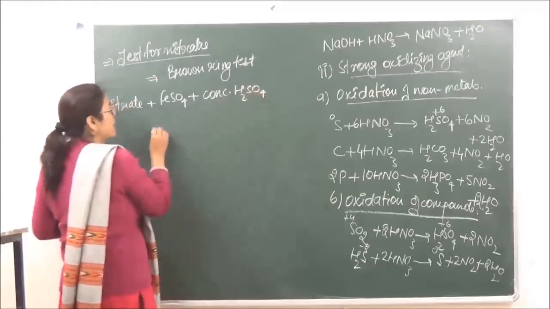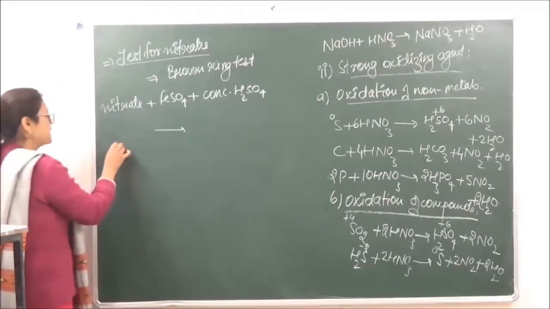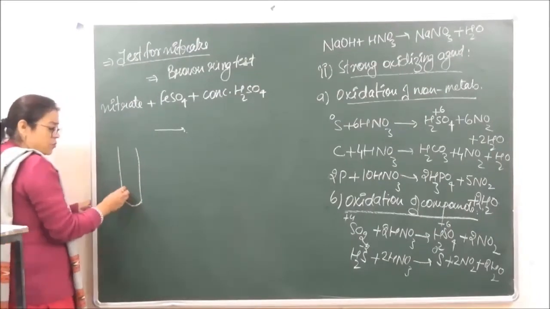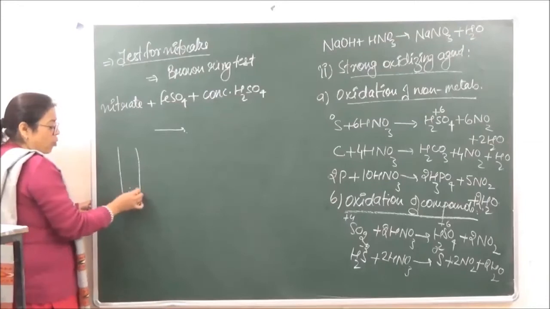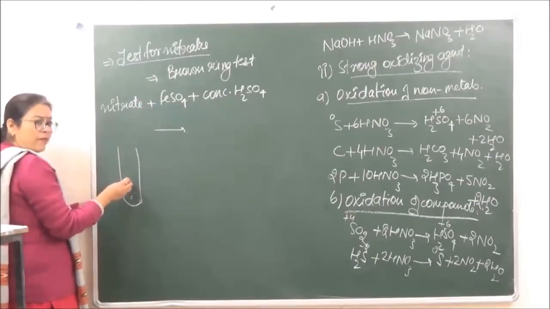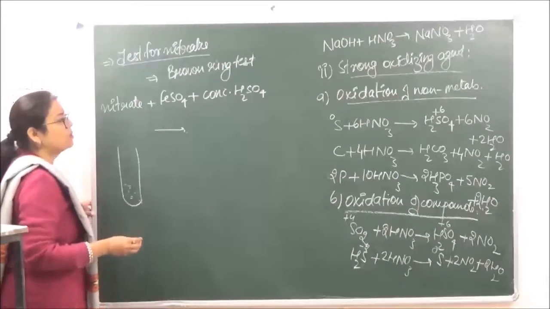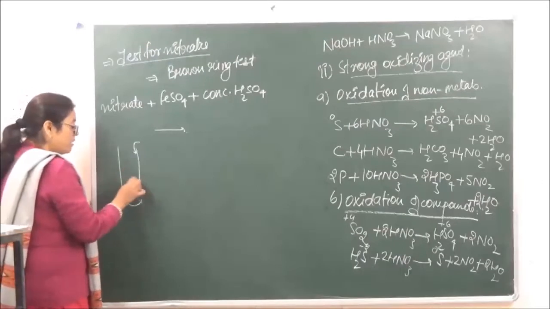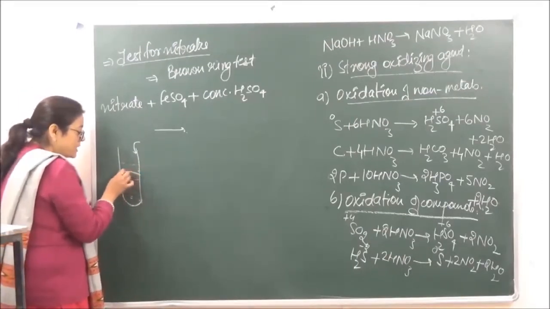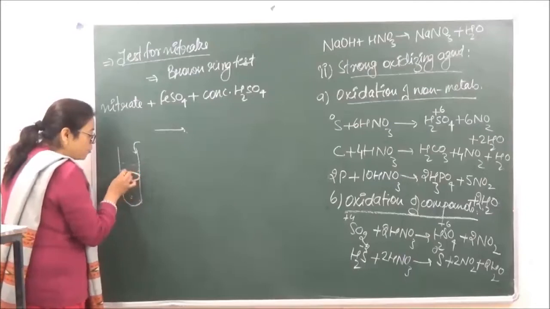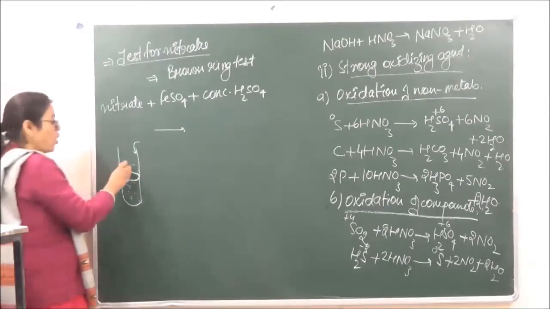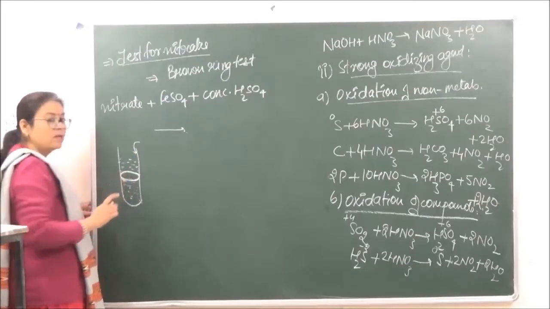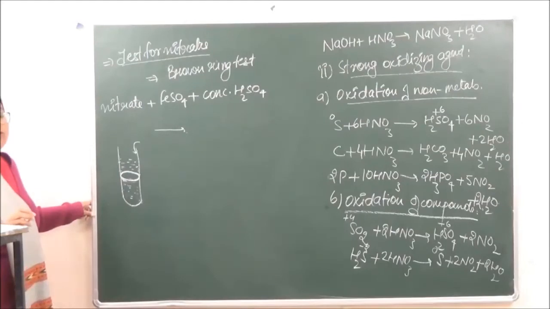When all of these are added, it is seen that at the interface of these, if this is the test tube which we have taken, in which we have taken the nitrate, we have poured in it freshly prepared ferrous sulfate solution, and after that we put concentrated H2SO4 very slowly through the brink. Now if this is the solution which we have, it is seen that there is going to be a brown ring which is formed at the interface of both the ferrous sulfate and nitrate. This brown ring over here indicates the presence of nitrate.